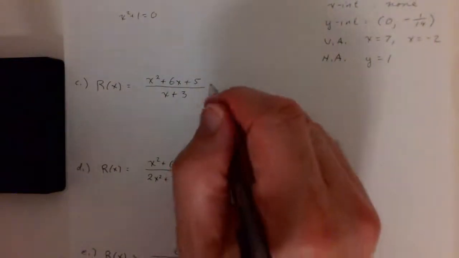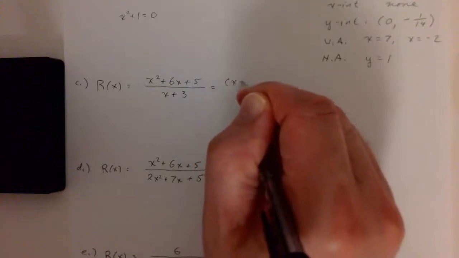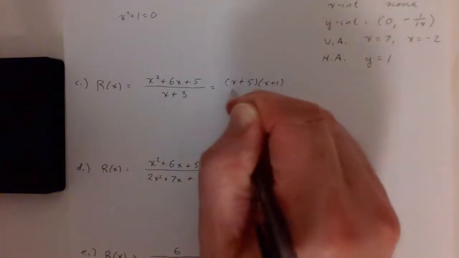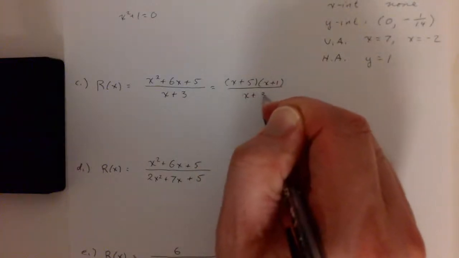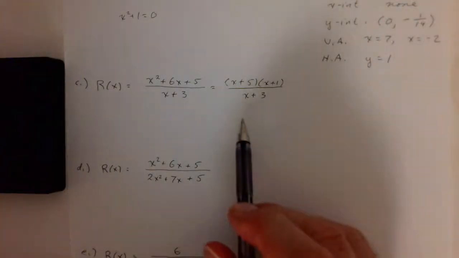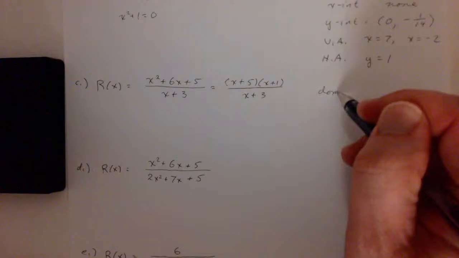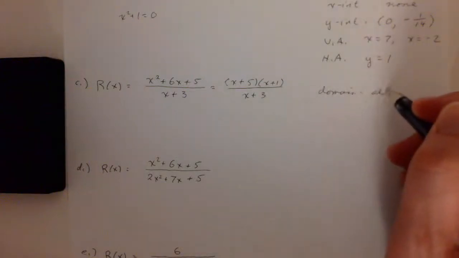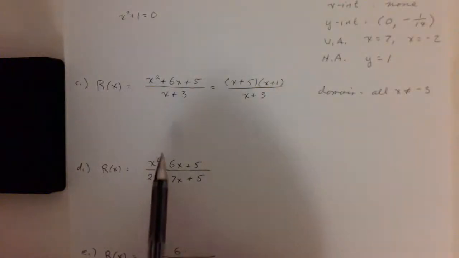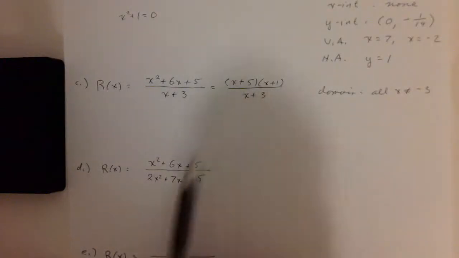We look at part C. We'll see that the top factors as x plus 5 times x plus 1, over x plus 3. Doesn't look like anything is canceling, does it? So it's in lowest terms. The domain would be all x not equal to negative 3. Set the numerator equal to 0, you get negative 5 and negative 1.